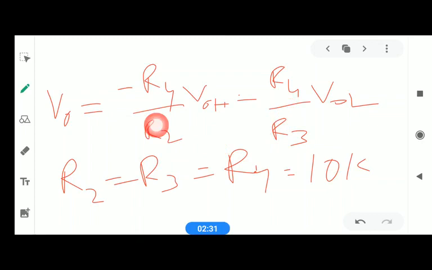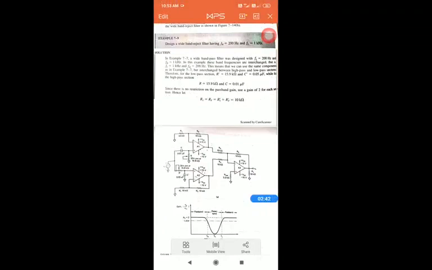Here you can see the signal we are getting from the high pass filter through resistor R2. You see in the circuit, the high pass filter output we are getting through R2, and the low pass filter through R3.